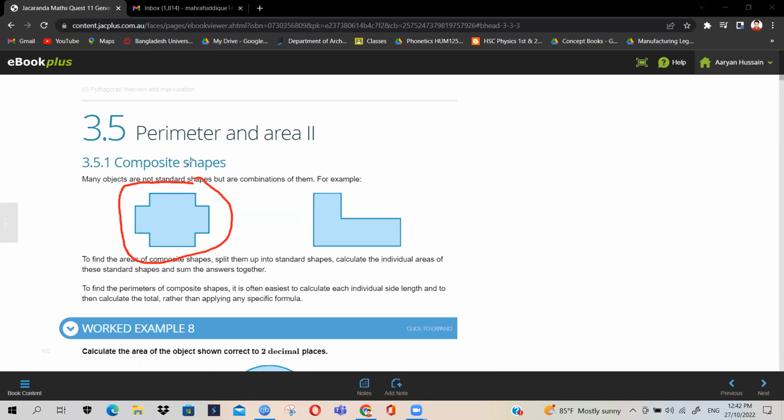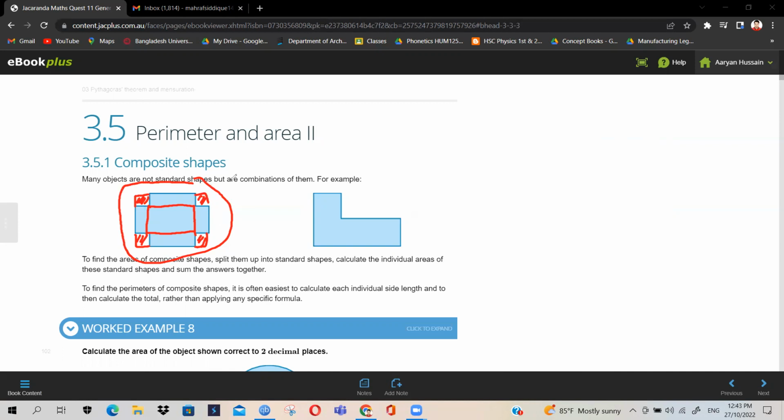Yes, or you can fill in the holes with a bigger shape so it looks simpler. Then you will deduct the area of that portion, right? Either way we can do it.